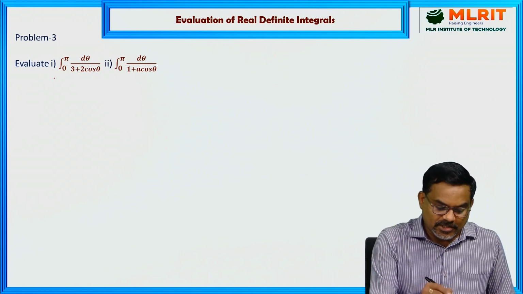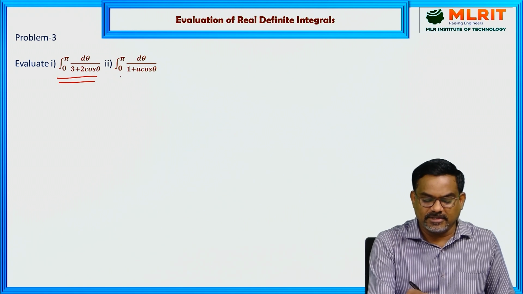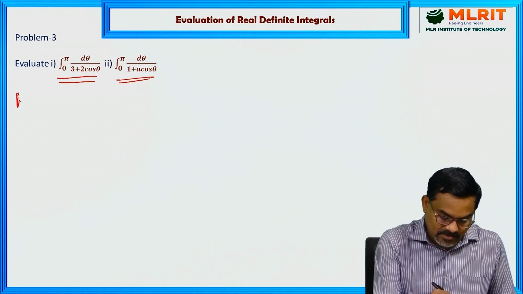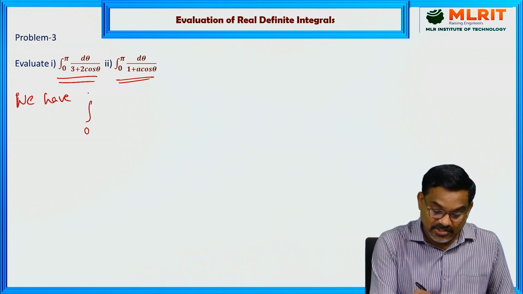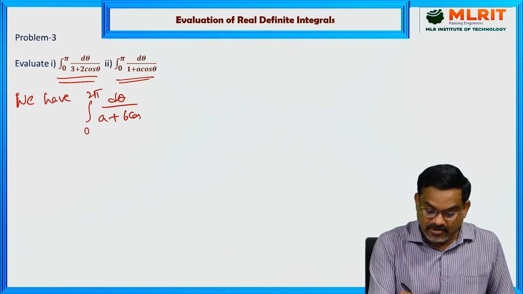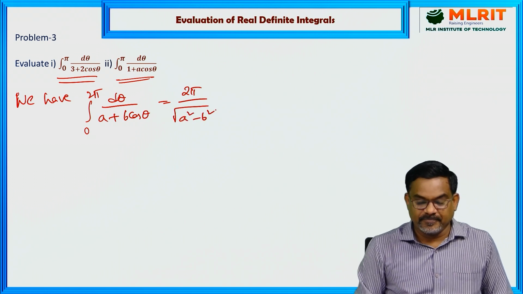Coming to this third problem, here we need to evaluate integral 0 to pi d theta by 3 plus 2 cos theta and 0 to pi d theta by 1 plus a cos theta. First, what is the previous one that we have proved? 0 to 2 pi d theta by a plus b cos theta is equal to 2 pi by root a square minus b square.